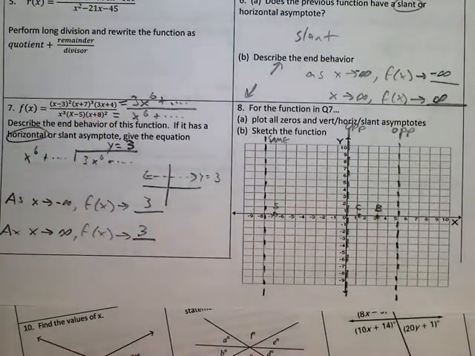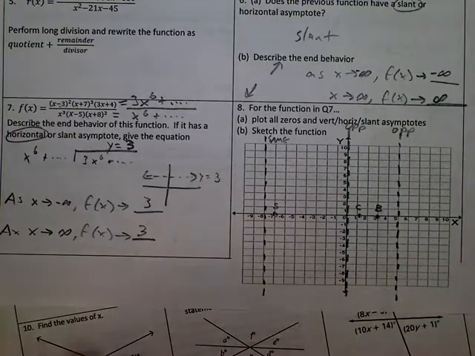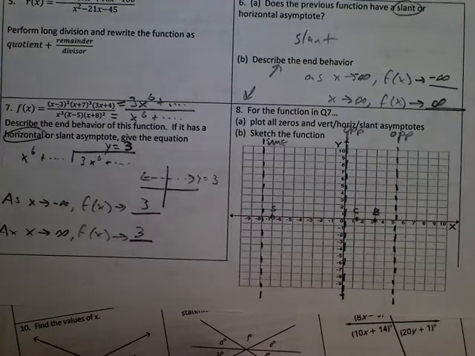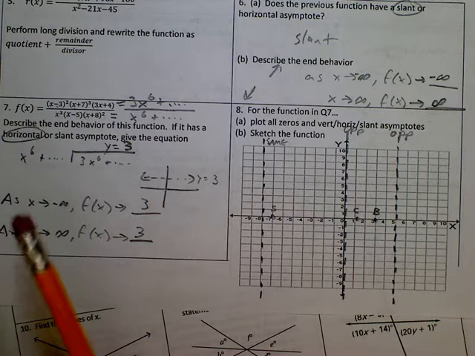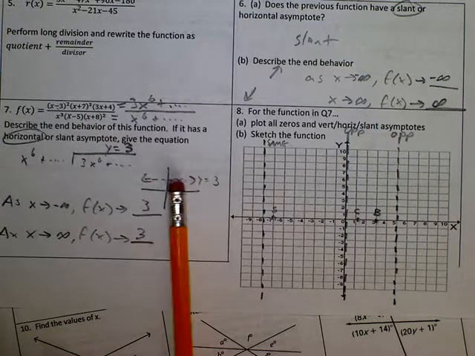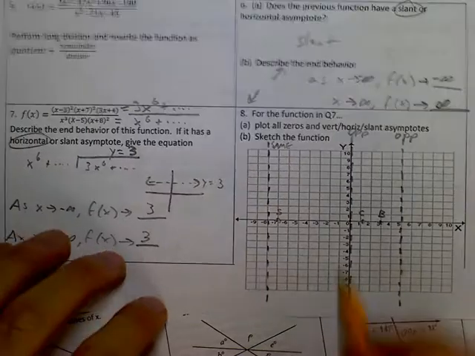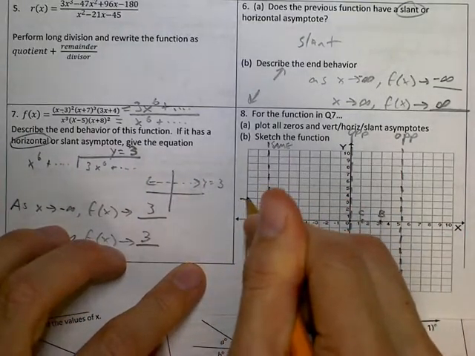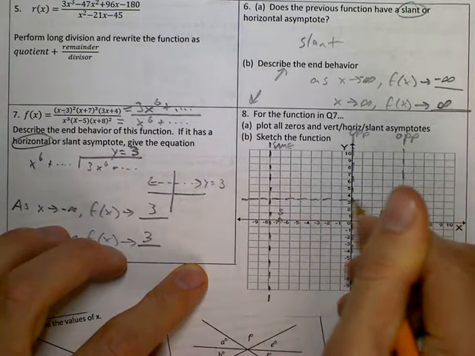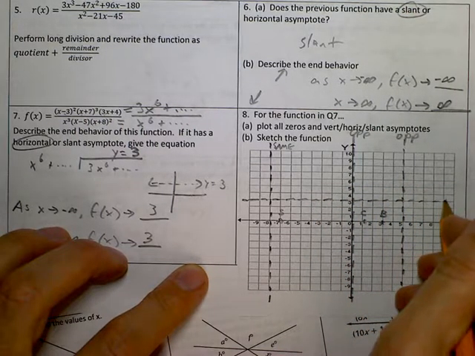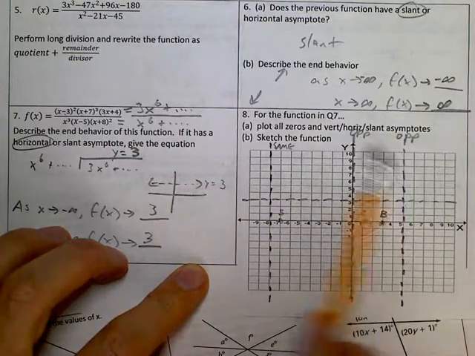Alright. So now all we need to do, oh yeah, one other thing, what else should I plot before I start graphing stuff? Yeah, the other asymptote, the horizontal one, at y equals 3. And remember, the horizontal asymptote doesn't matter in here.